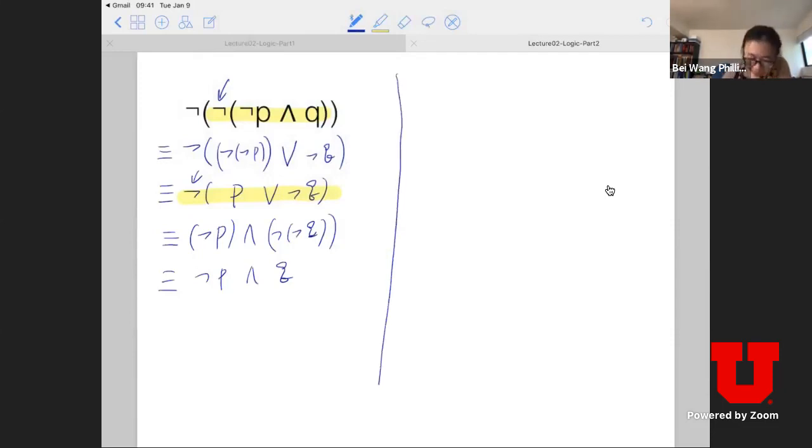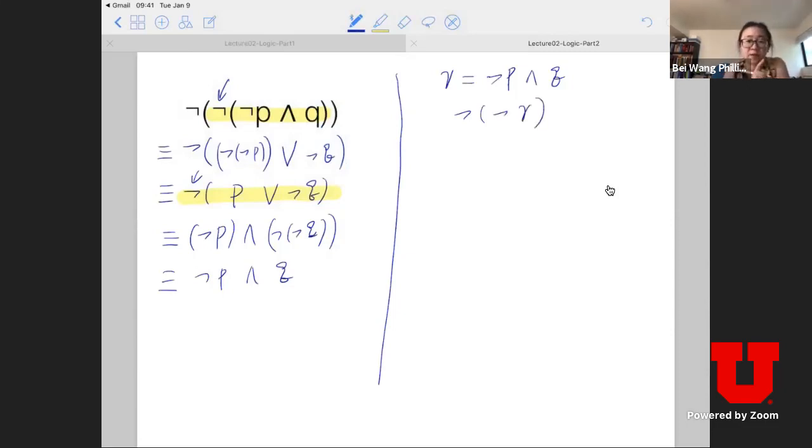Alternatively, I have another solution here. What I would do is define a variable R to represent the proposition negation of P and Q. Then the statement on the left-hand side is going to be simplified to negation of R, okay?